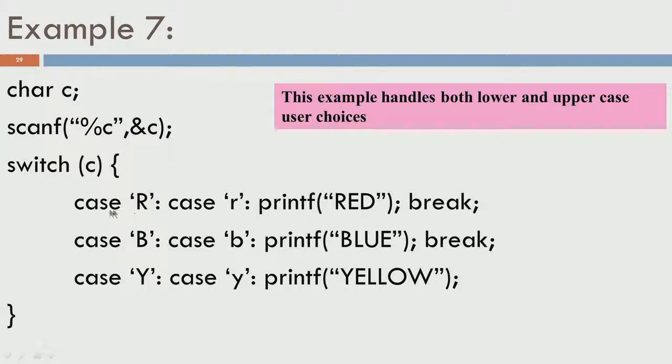I could write this as case capital R printf red break, case small r printf red break and so on, but we are executing the same set of statements for both these choices. So, if you have a series of choices for which you want to execute the same set of statements, you can just put them back to back and have the set of statements exactly once.